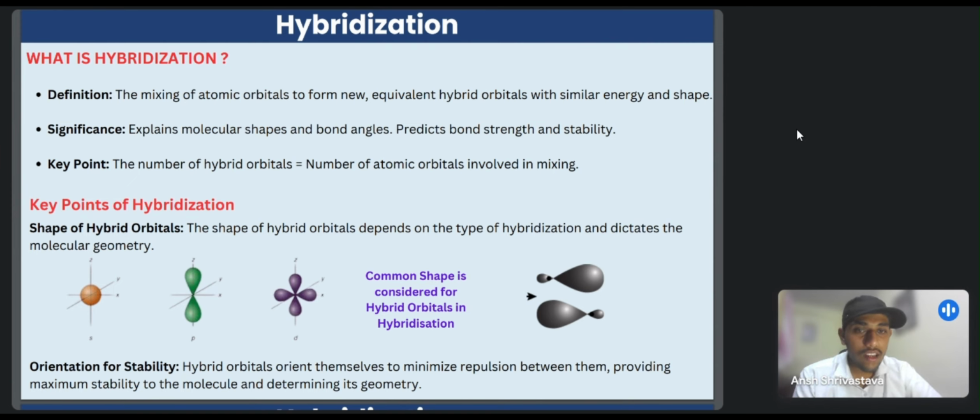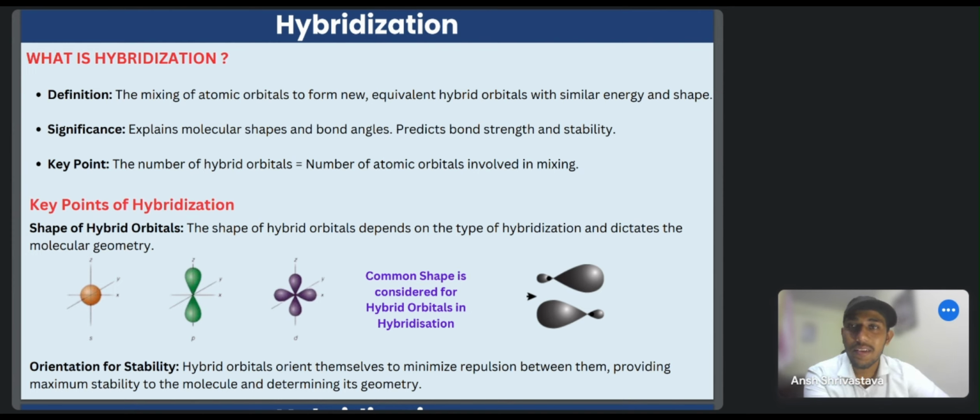But in hybridization, we consider a common shape for all the hybrid orbitals. Moving to the orientation and stability: hybrid orbitals have a natural tendency to orient themselves in a way that minimizes electron-electron repulsion, and this helps in stabilizing the molecule. For example, in sp3 hybridization, the four hybrid orbitals arrange themselves in a tetrahedral shape to be as far apart as possible, which creates a 109.5-degree bond angle, their most stable configuration.